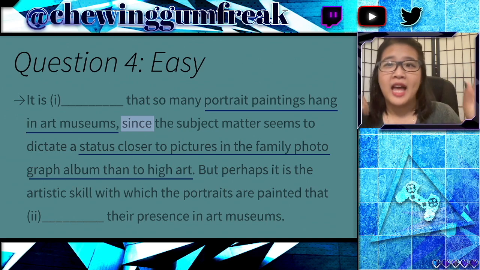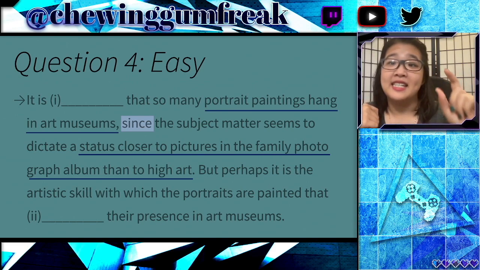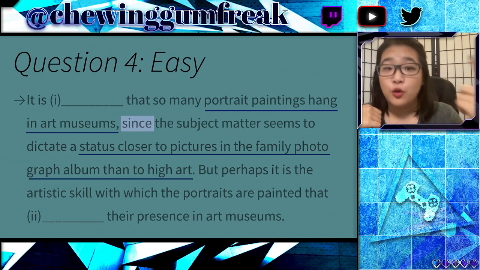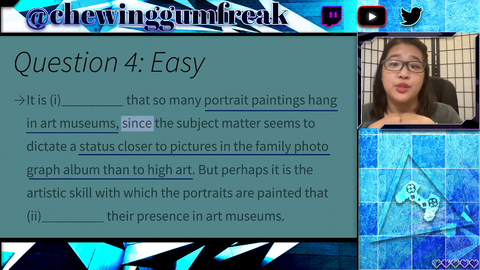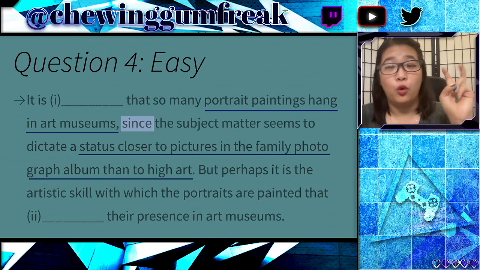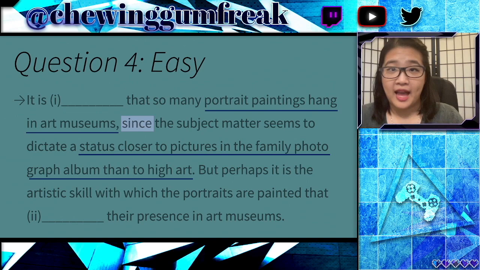So notice that even though there is a contrast between the ideas themselves, the sentence is telling us that portrait paintings both hang in art museums and also have a status closer to pictures in a family photograph album. So don't get confused by the quote-unquote positive transition word that I have there.